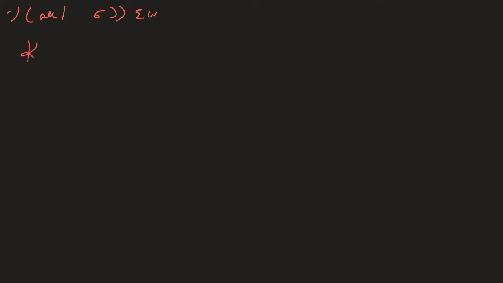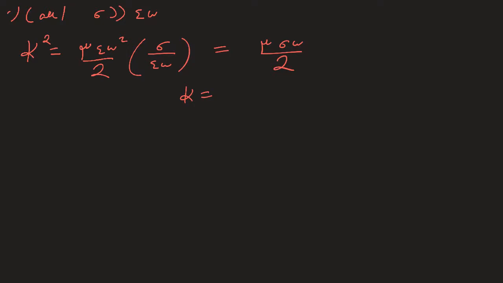Now in this scenario, kappa squared becomes equal to mu epsilon omega squared over 2 times sigma over epsilon omega. So this simplifies to mu sigma omega over 2. So kappa becomes equal to the square root of mu sigma omega over 2.